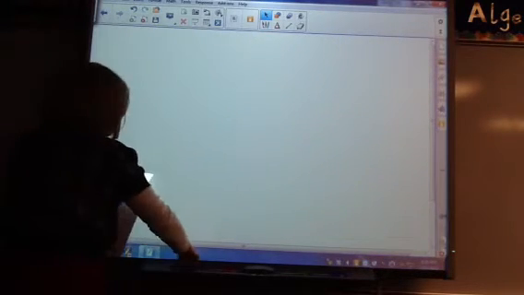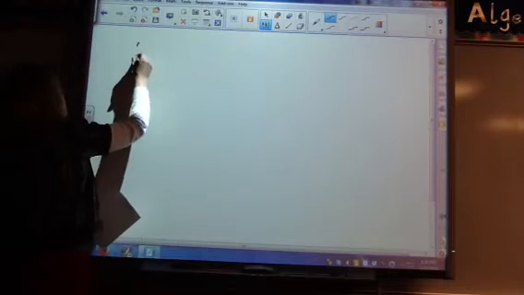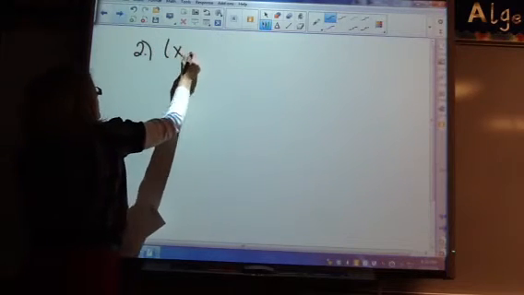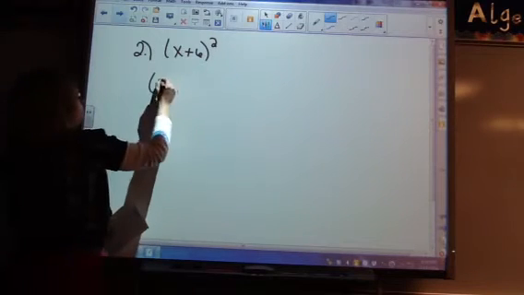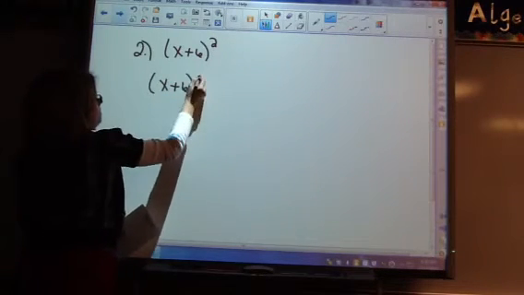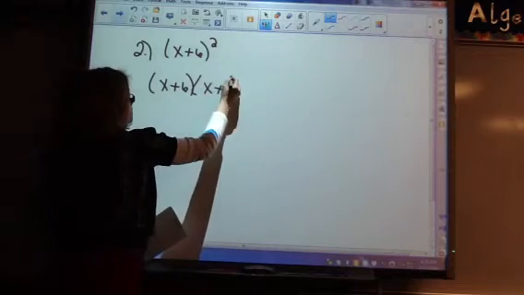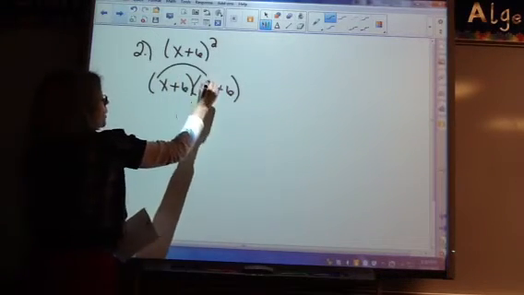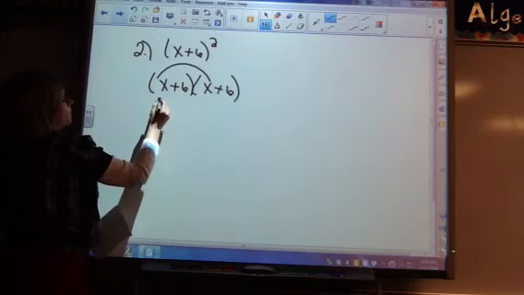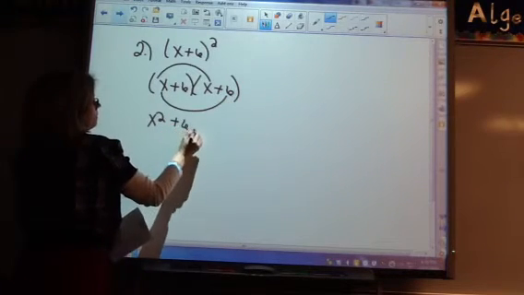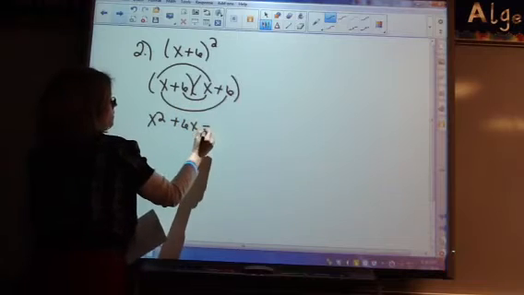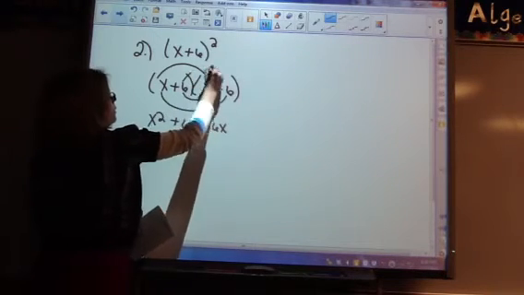Let's try another one. Let's say we have x plus 6 squared. Let's go ahead and FOIL it. So you do your first, you do your outer, you do your inner, and you do your last.